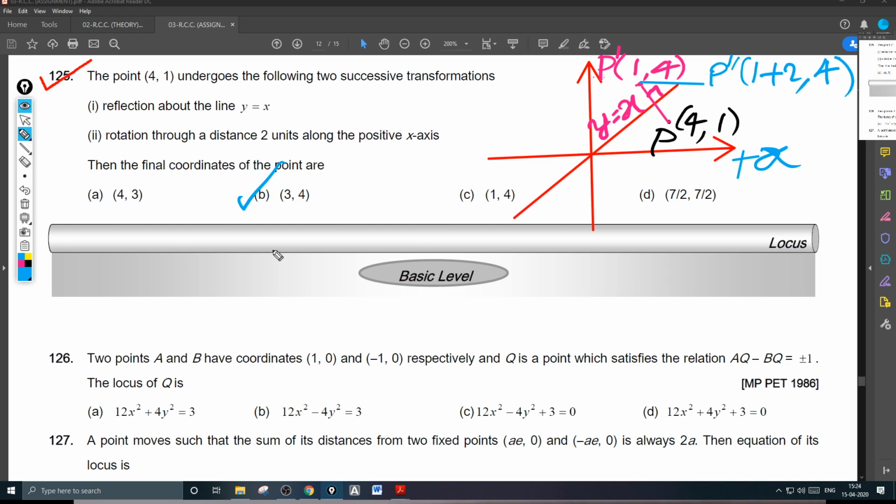Okay, now let us move on to rotation. In rotation, you will have a very good derivation.